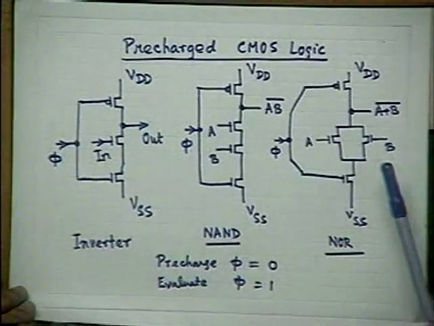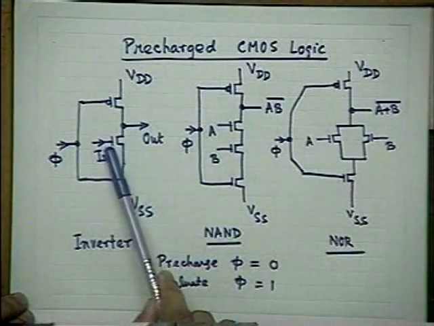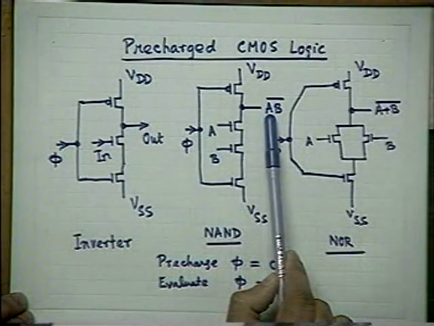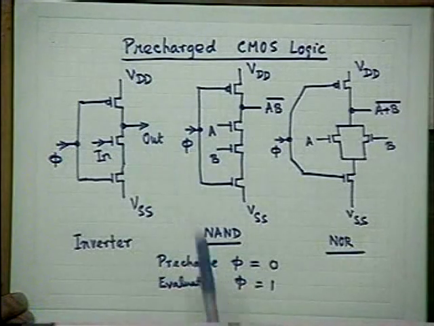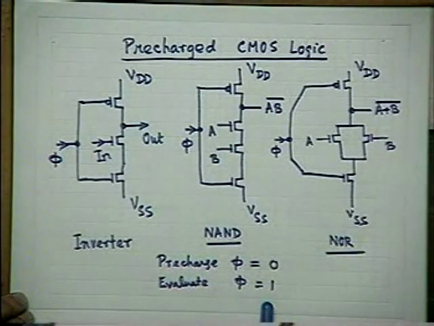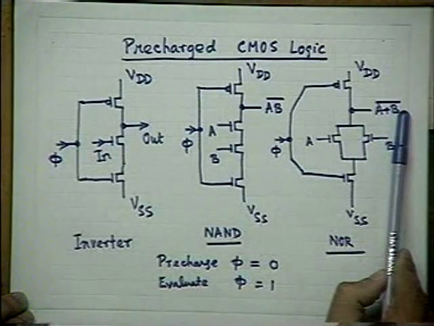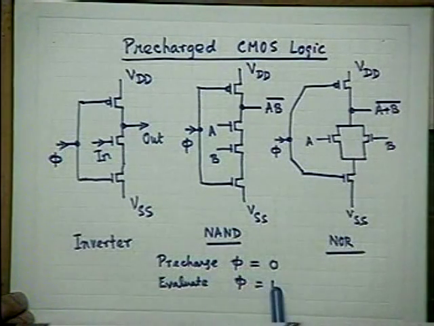So you see that this is a circuit where instead of one transistor I have got two transistors in series. Naturally you get NAND operation here during the evaluate phase when phi goes high. Two transistors here are in shunt, therefore you get NOR function here during the evaluate phase when phi is 1.